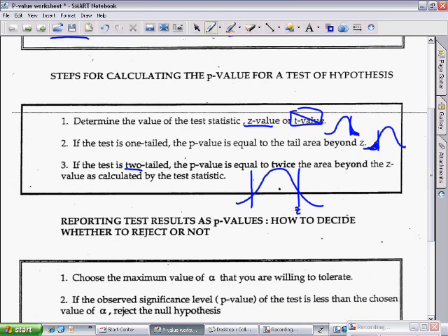So if this was my z statistic, it's this area or this area. A two-tailed test comes when you have a not equal to sign in HA. A one-tailed test is either a greater than or less than. And then the p-value will help you decide whether or not to reject H0.